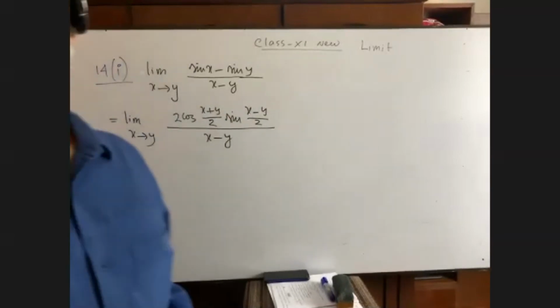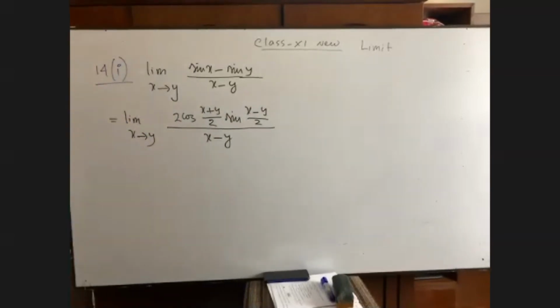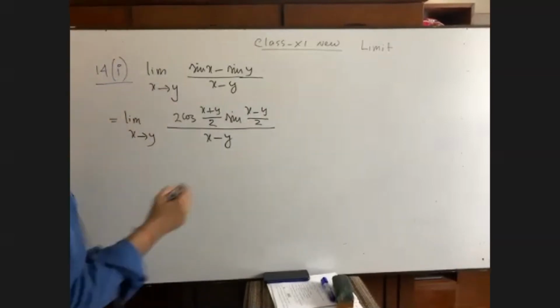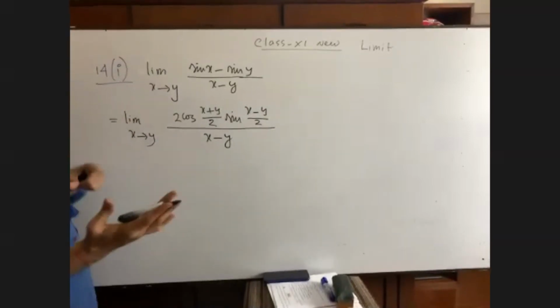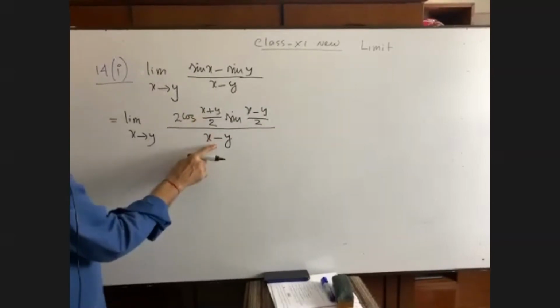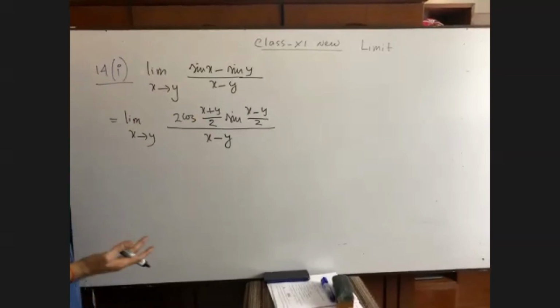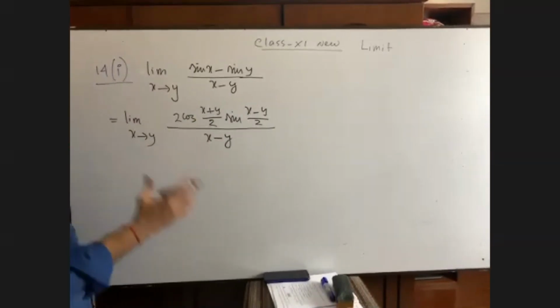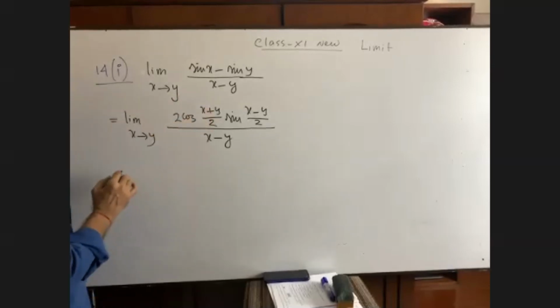Talk to me. Yes, sir. Okay, that's good. Now you may be puzzled. Here theta is x plus y. We don't have any x plus y. Oh my god, then what is to be done? Don't be afraid, because we don't have any formula on cosine. So you keep it as it is.